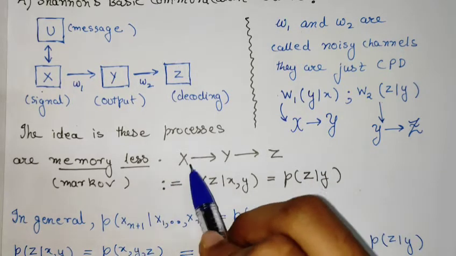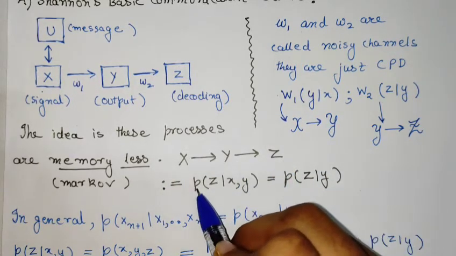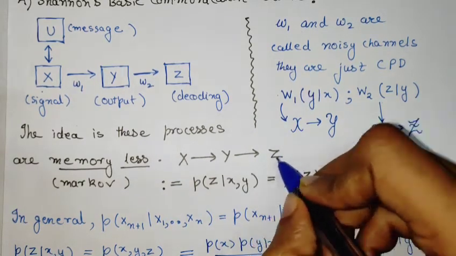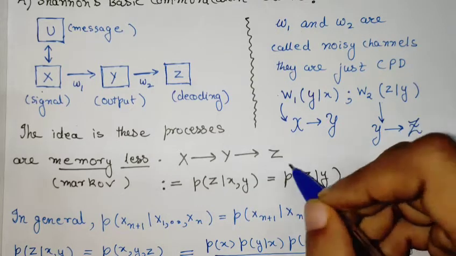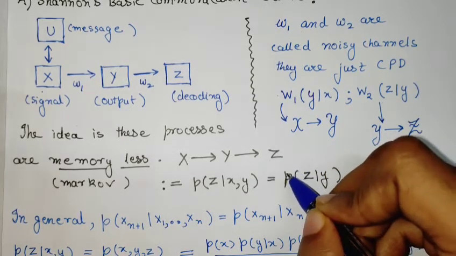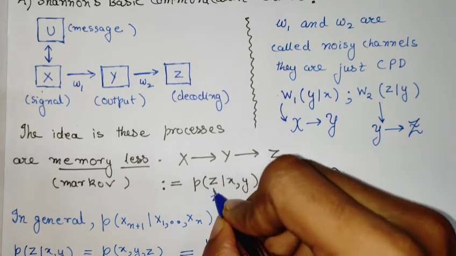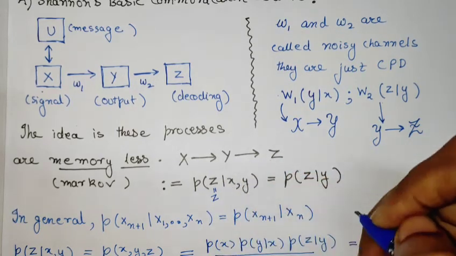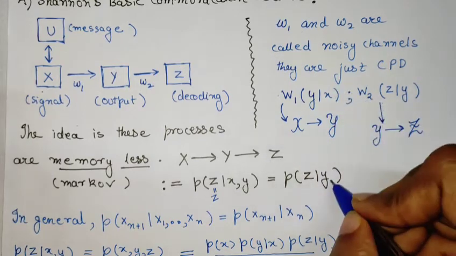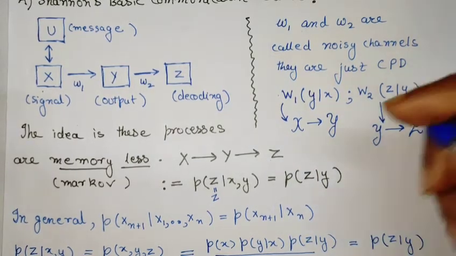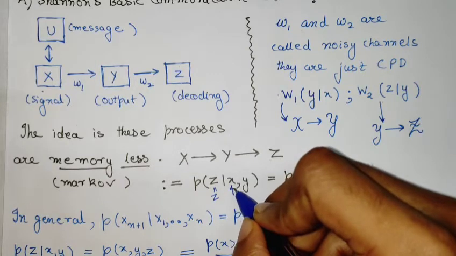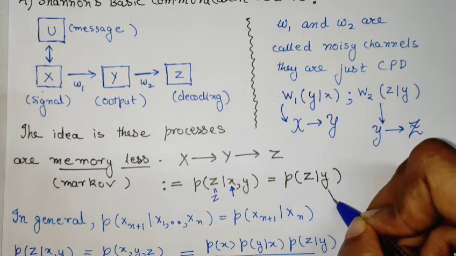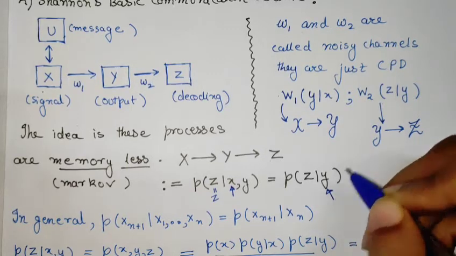What is a Markov process X, Y, Z? The probability of Z, where Z is a random variable, the probability that capital Z equals small z given fixed values of X and Y, only depends on Y. This is the fact that it doesn't matter which photo you are sending. The only thing that matters is the encoding, the transmission process, or Y.